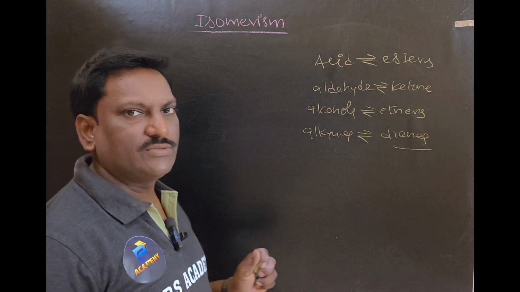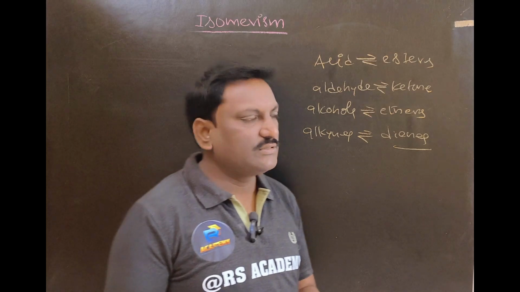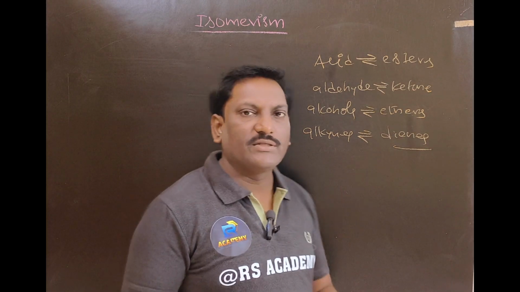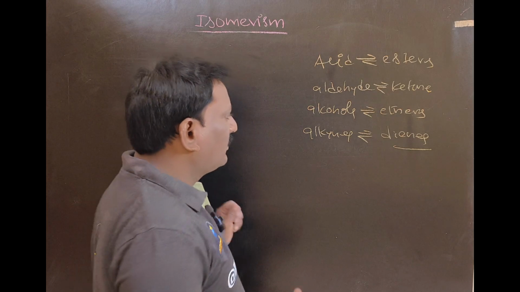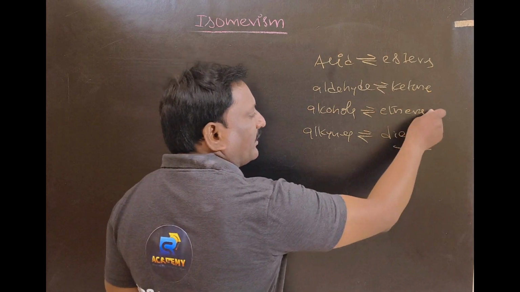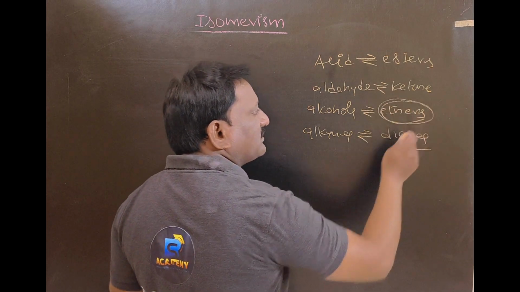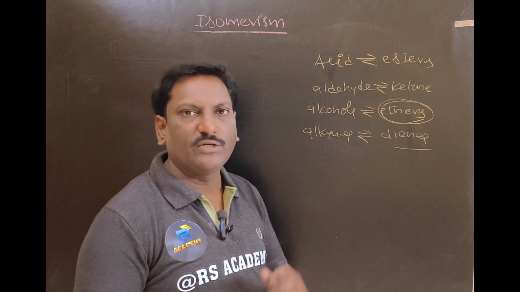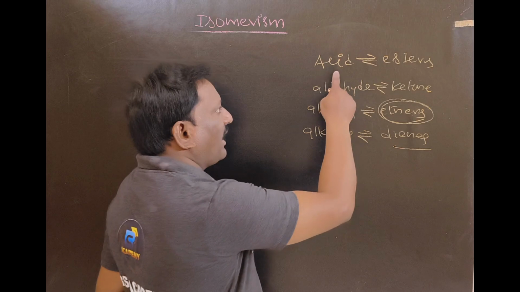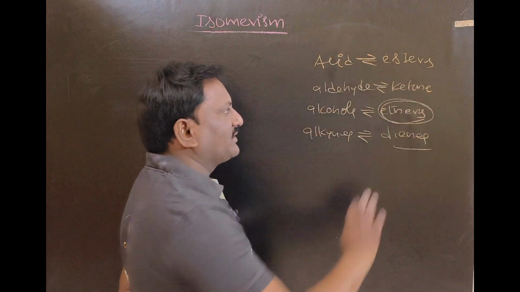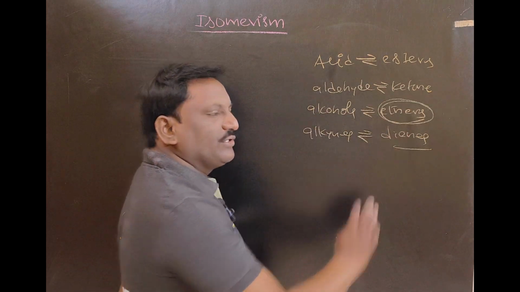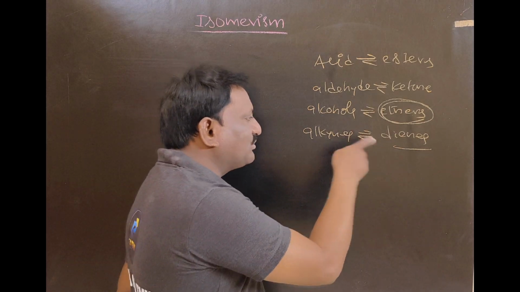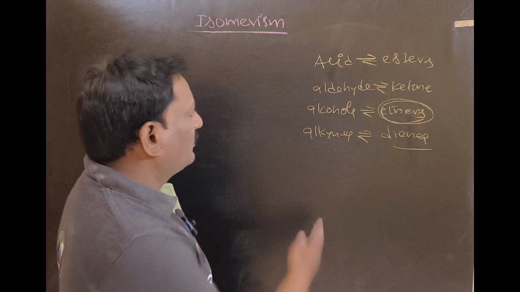So these are the possible conversions in case of functional group isomers. According to your syllabus, there are no ethers, but I would like to give one example for that. No need to worry about it. So we can convert acids to esters, aldehydes to ketones, alcohols to ethers, alkynes to dienes. Okay, right.